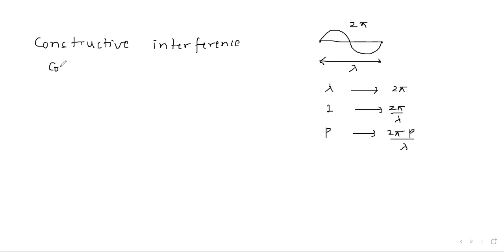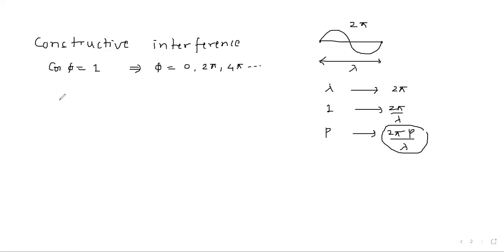So for constructive interference, cos phi must be equal to 1, which will give phi equals 0, 2 pi, 4 pi, etc. And the corresponding phases are these.